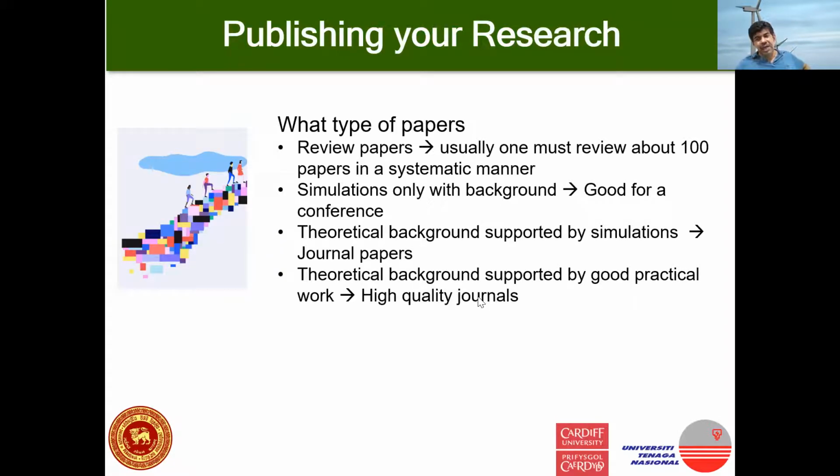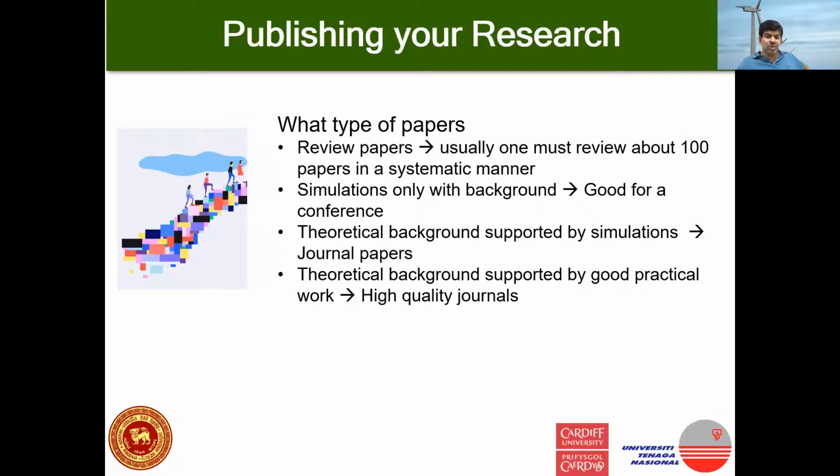Now, there are ways that we can publish papers. You can publish review papers. So-called review papers mean when you start the literature review, you would review hundreds and hundreds of papers. You arrange them in a systematic manner and you can write a good review paper. They are well recognized, and writing a review paper is very difficult compared to a usual technical paper.